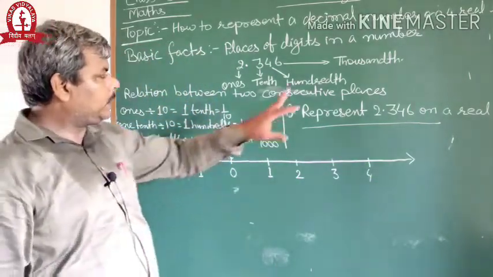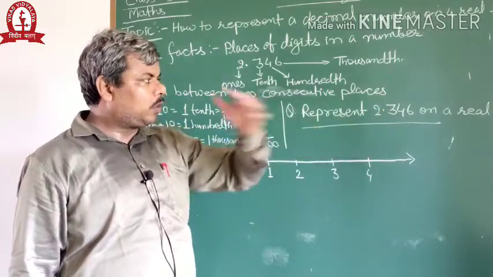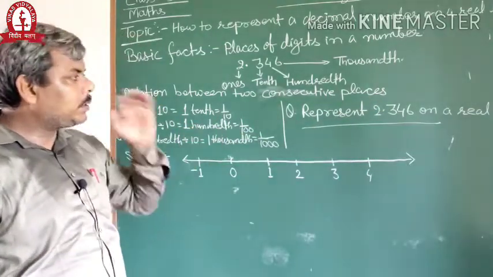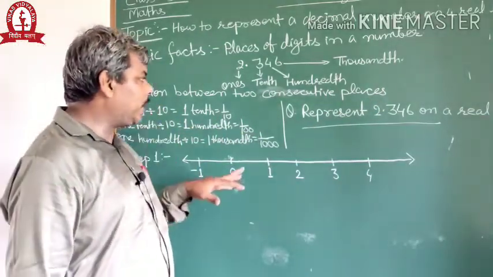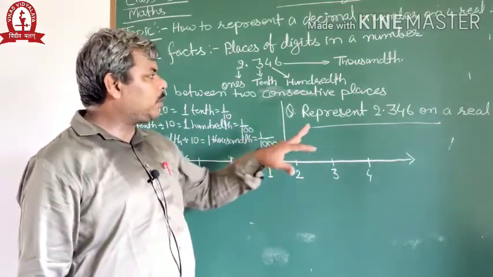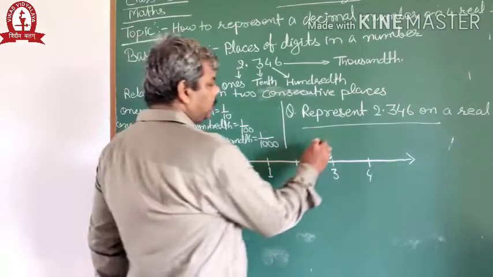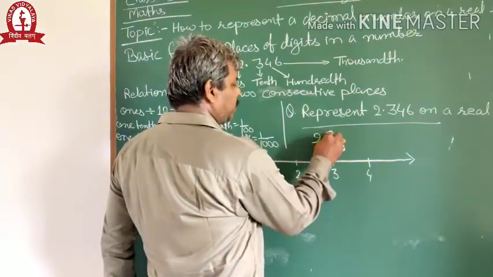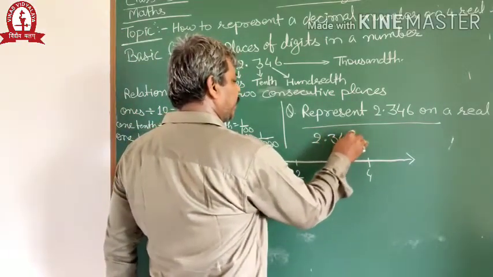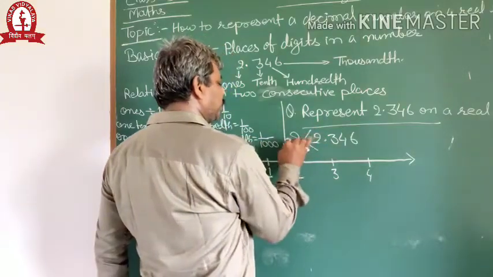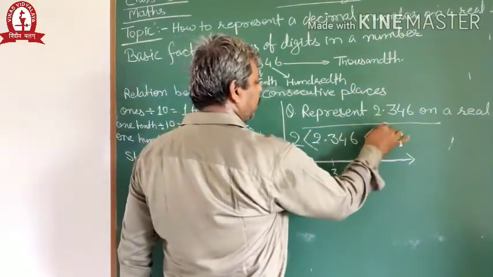To represent the given decimal number on a real line, first we have to identify the location of this number on number line. We see that 2.346 is greater than 2 but less than 3.